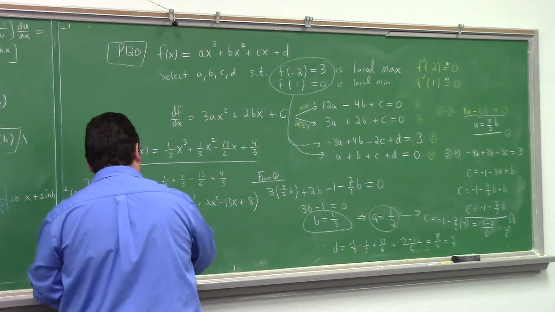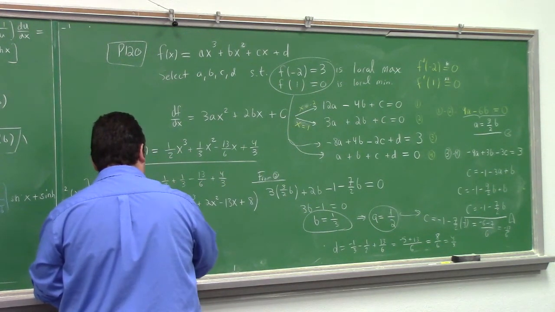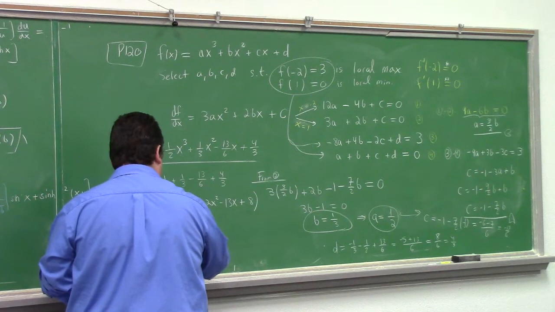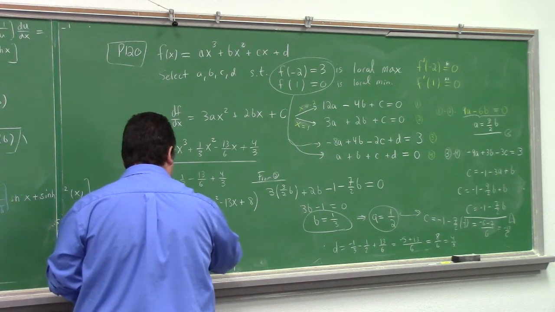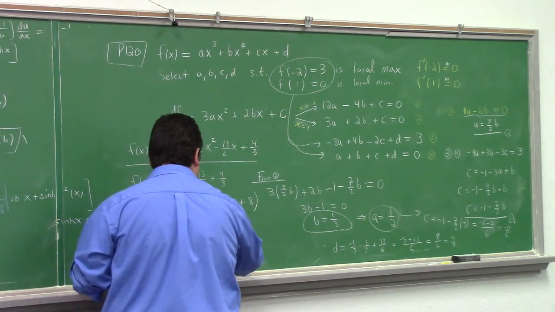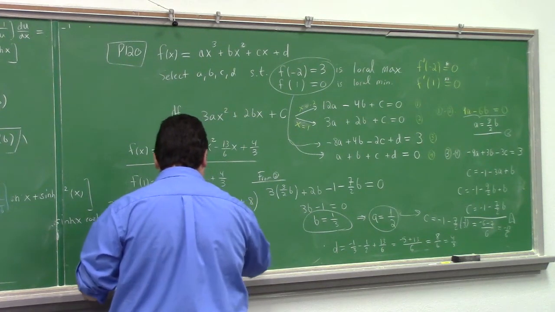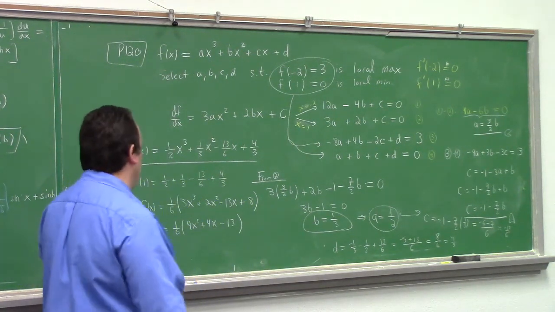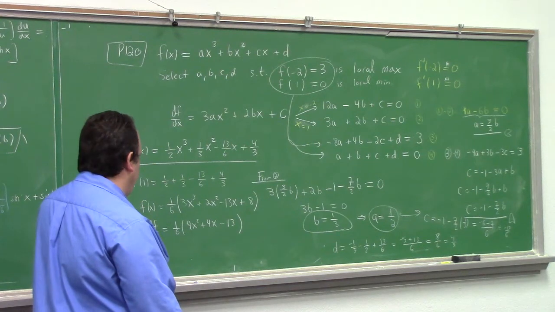So f prime, 1/6, we got 9x squared plus 4x minus 13. Huh. Wah, wah, wah.